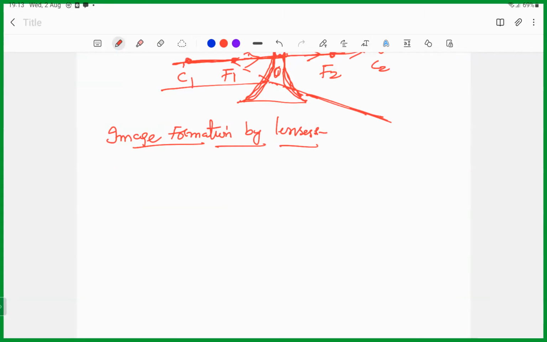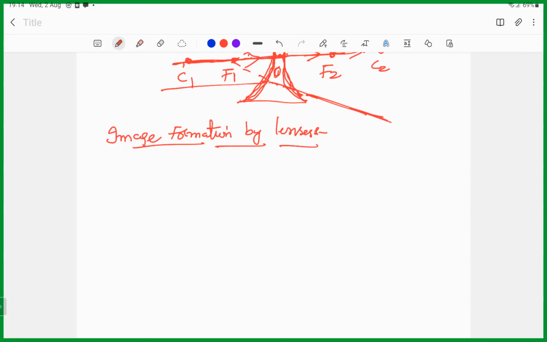So if the rays are parallel, then for the convex lens, they will pass through the focal point, right? So for the concave lens, they will appear like they were diverging from the focal point. Okay.